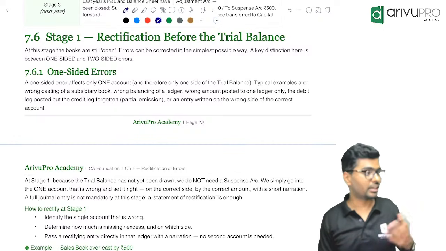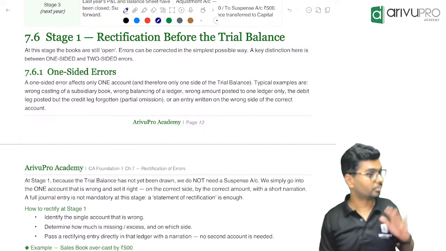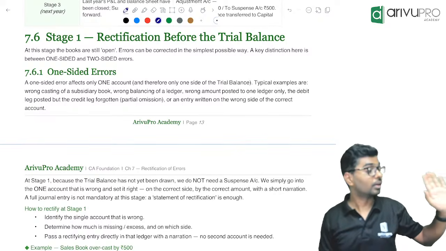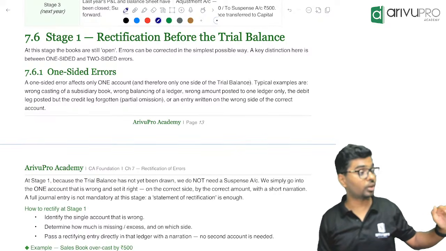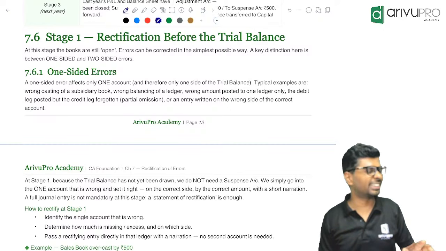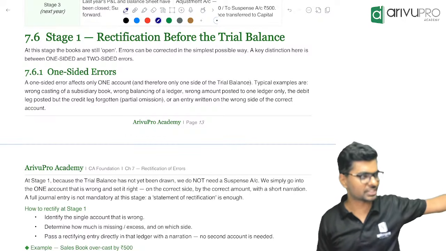Now, let's say for an example, I have done Ram to purchases. What's the journal entry for purchases? Purchases to Ram.